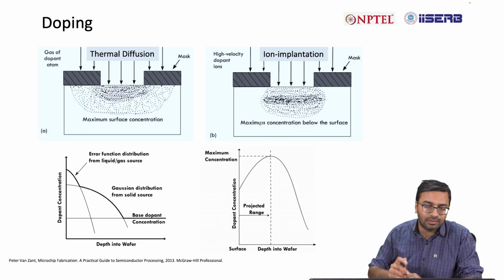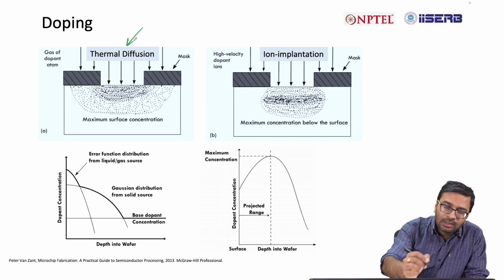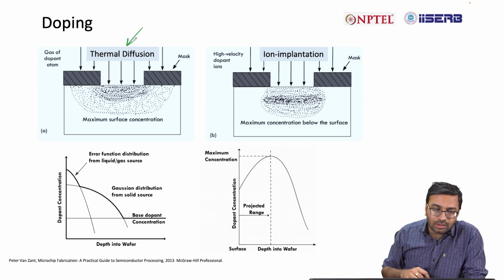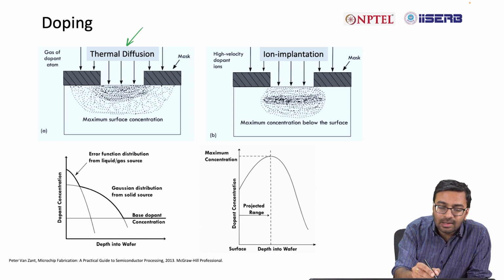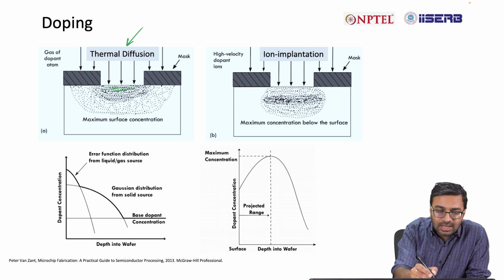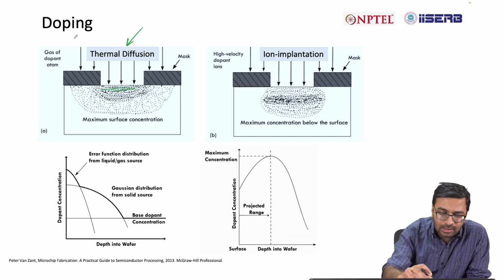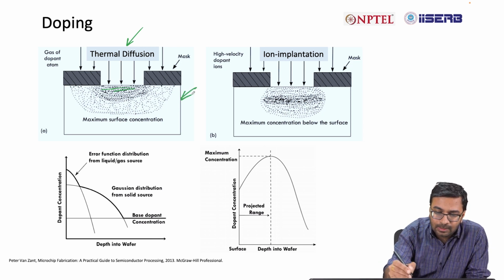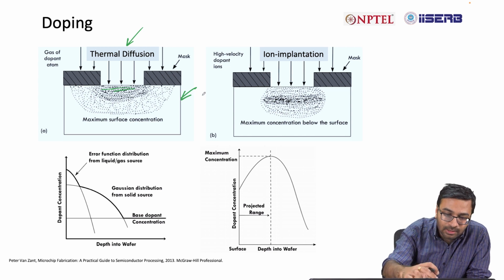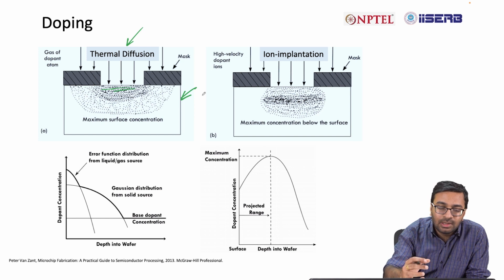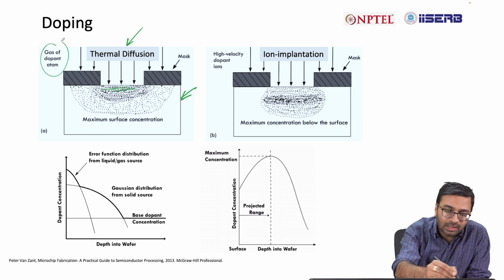So in case of thermal diffusion, you'll find that the concentration of dopant atoms is high on the surface or near the surface. What you do in this case is you keep the semiconductor material inside, say, a high temperature furnace where gas of dopant atoms is present.